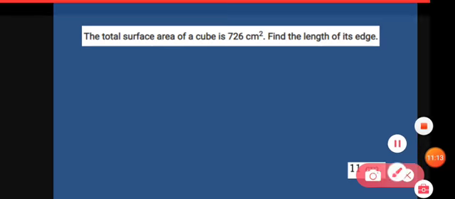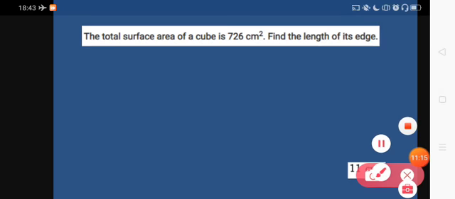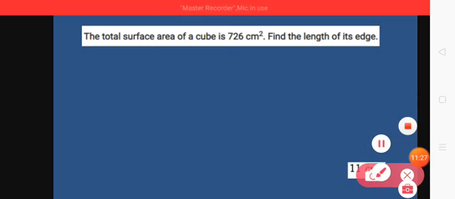The total surface area of a cube is 726 square centimeter. Find the length of its edge. What is a cube? In the last question we saw how we can make a cuboid. Like that we will make a cube.